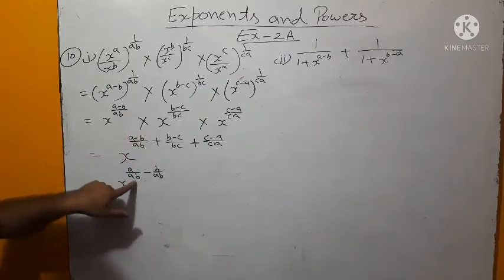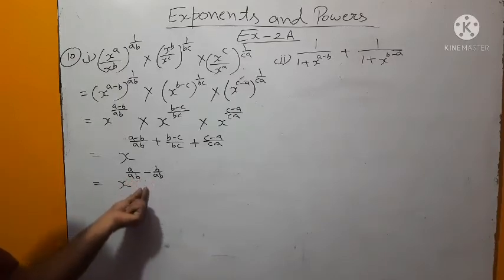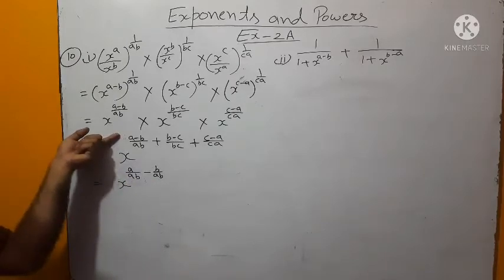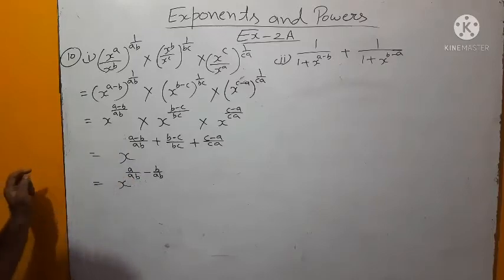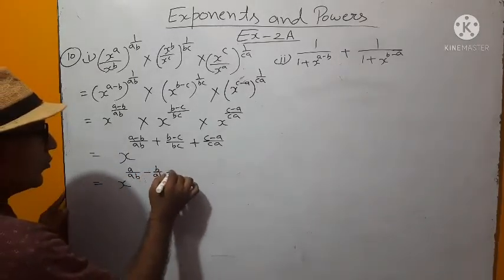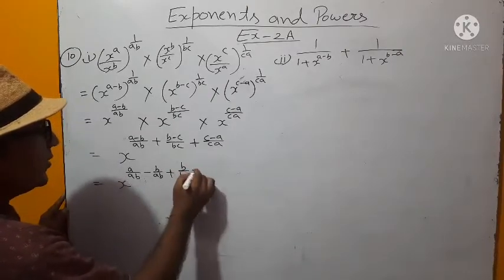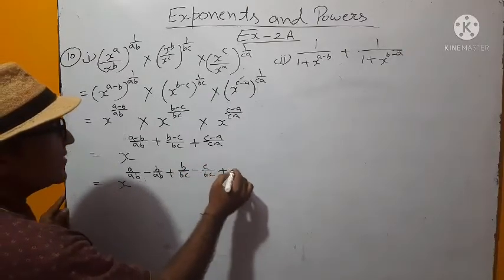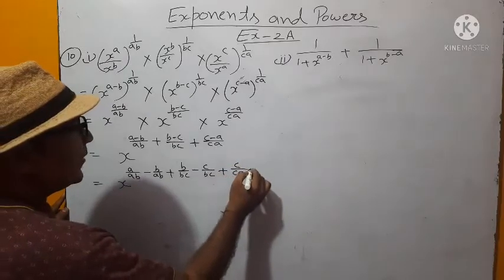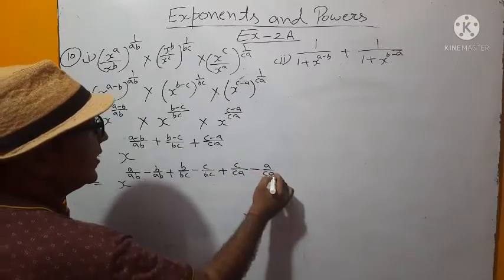So we can write like this. After taking the LCM again you will get the same term, so we can separate it also. Same I will do here also. It can be written as b upon bc minus c upon bc plus c upon ca minus a upon ca.